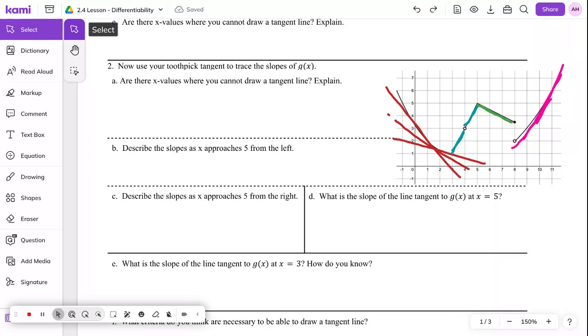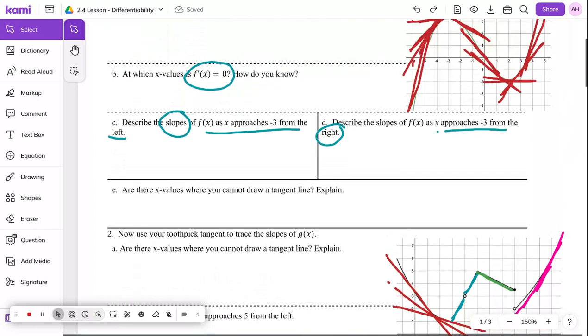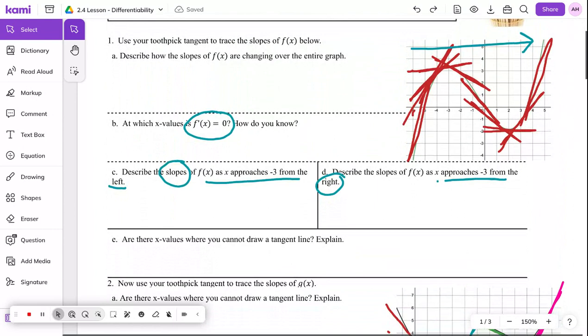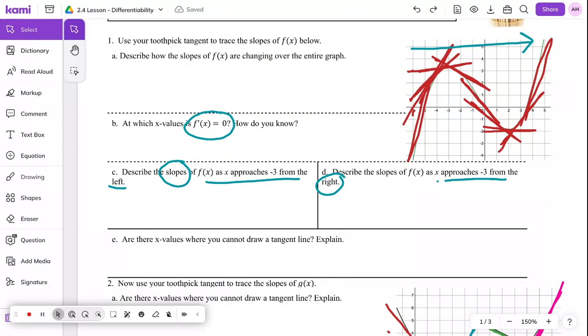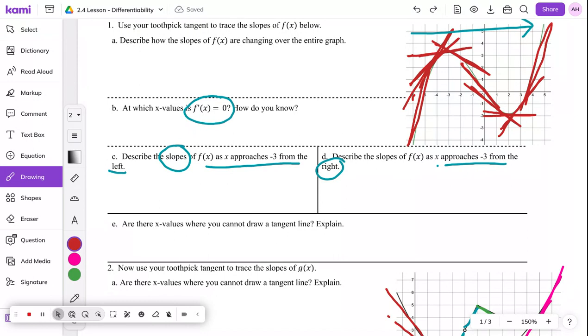Okay, so now that we have decided to play this again, I just want to talk about a couple of things. One of the things I want to talk about is that this first function is continuous.